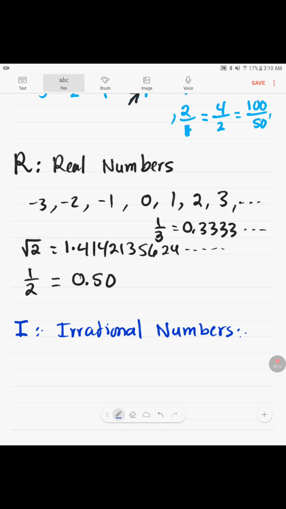That means they cannot be represented as a quotient of two integers. So one example of irrational numbers is the number pi. Also, Euler's number, e, or the natural number, e. Also, the square root of 2, or any square root of any number that's not a perfect square. So these numbers are all irrational. So that's the set of irrational numbers.